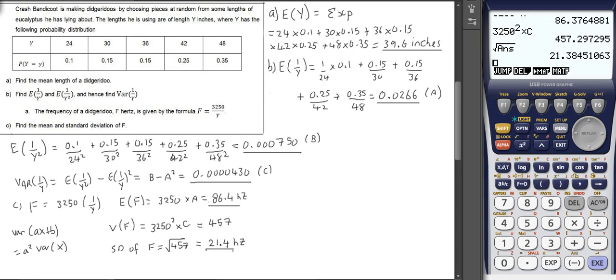And that's that question done. And I'm just going to show you where the marks come for that. There's 2 marks here for the mean, and there are 5 marks here, and there are 3 marks here, so 10 marks for this question altogether. And we're done now.